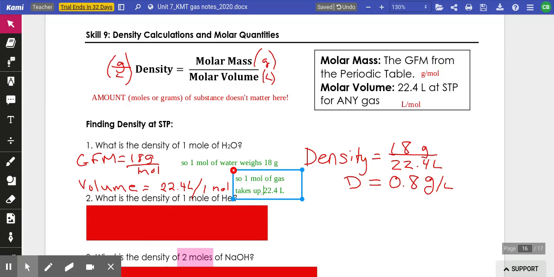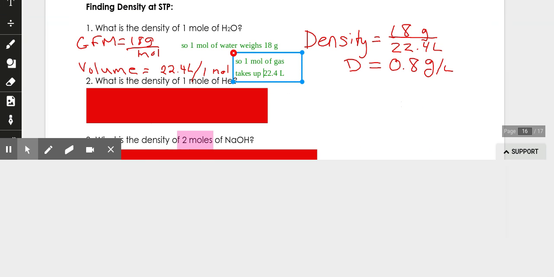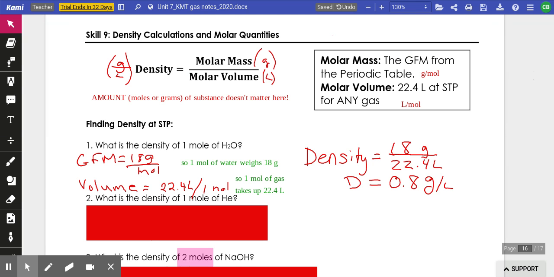Again, that just means that 1 mole of a substance takes up 22.4 liters. So to calculate the density of this water substance, all I'm going to do is take this GFM value, 18 grams, divide it by the 22.4 liters, and when I do that division, I get the density is 0.8 grams per liter. So that's it.